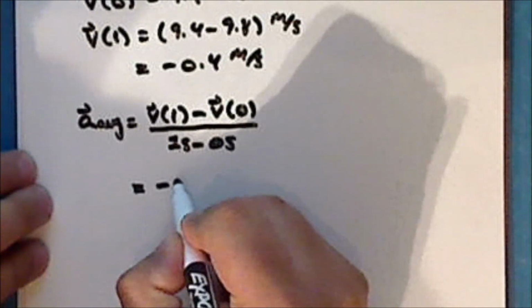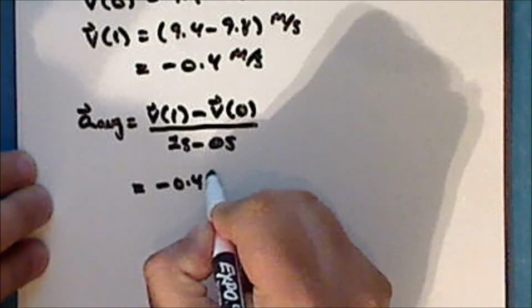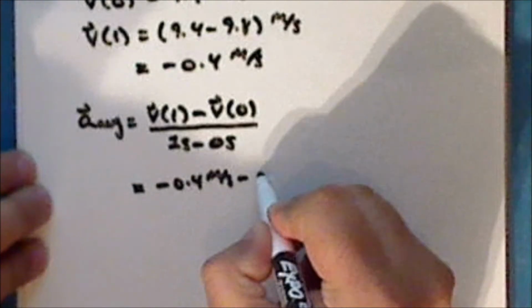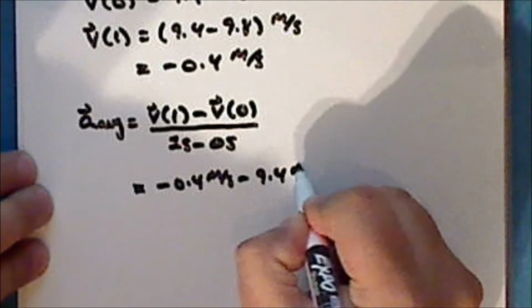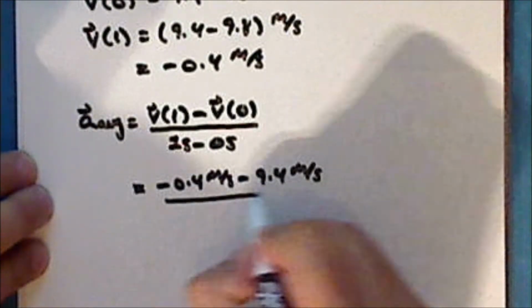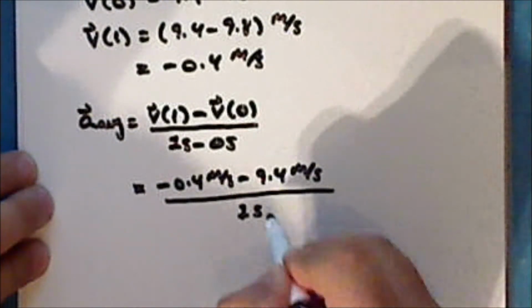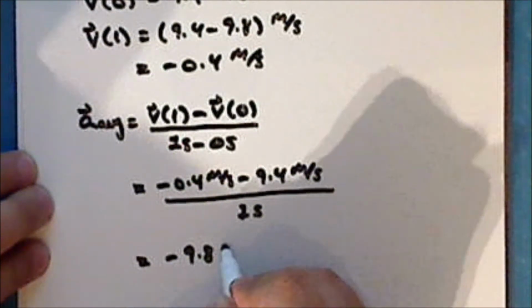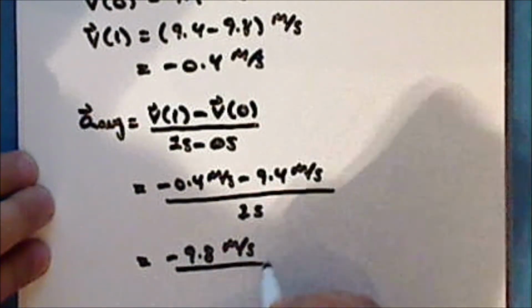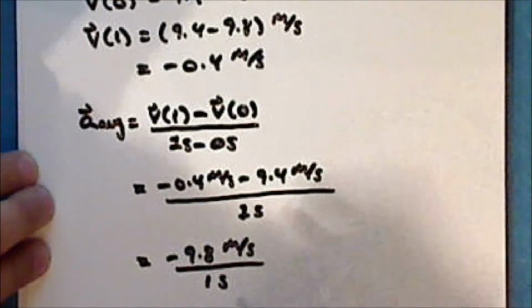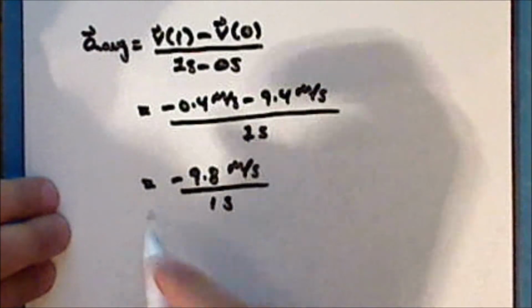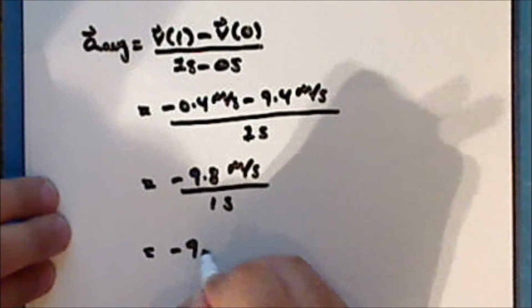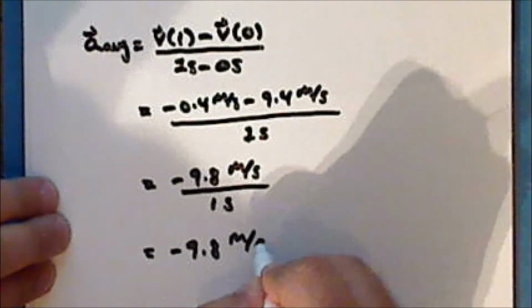Which is negative 0.4 meters per second minus 9.4 meters per second divided by 1 second, or negative 9.8 meters per second divided by 1 second, which is negative 9.8 meters per second squared.